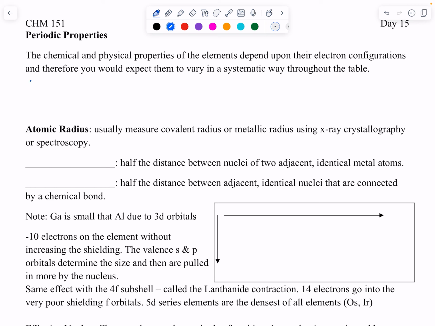Atom size is a trend. The size of the atom, the size of the ions. Ionization energy is a trend that systematically varies throughout the table. Electron affinity.